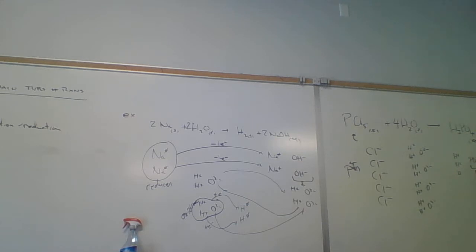It would consist of 4 oxides and a phosphorus. What would the phosphorus be? It's got to be +5. And then finally HCl. We have 5 HCl's, so we're going to have 5 H pluses and 5 Cl minuses.